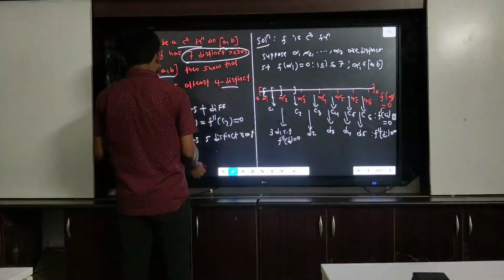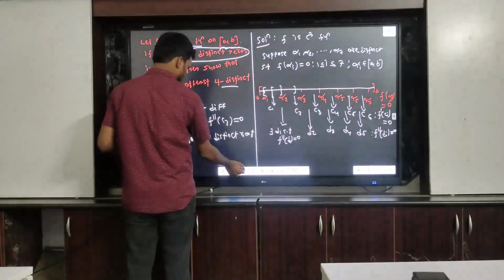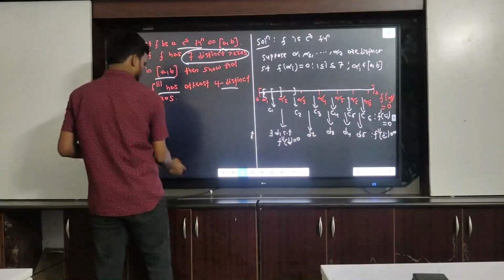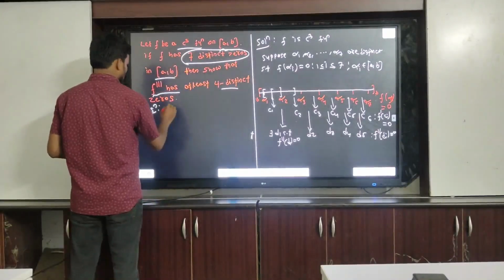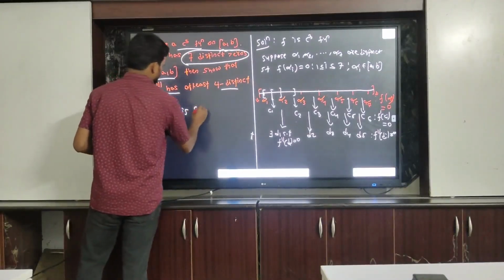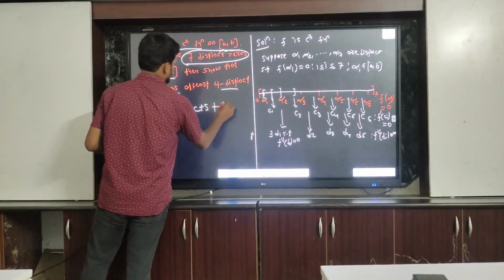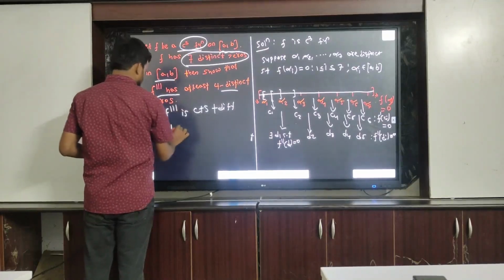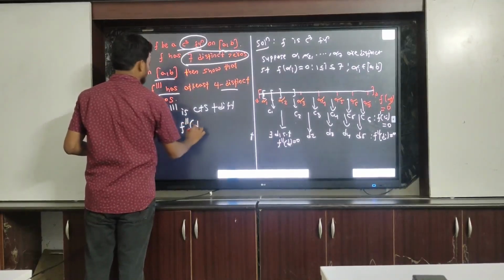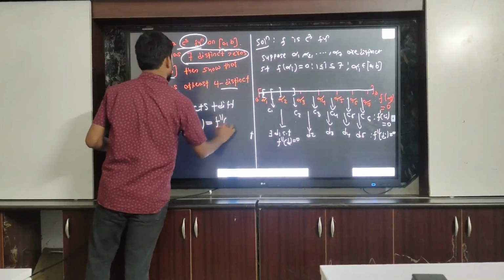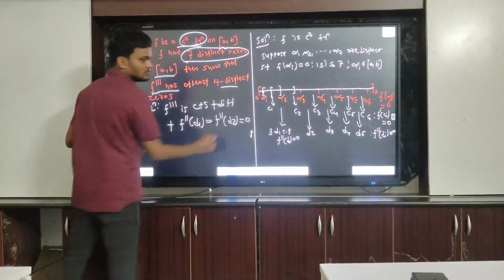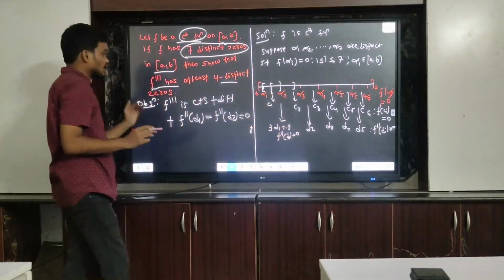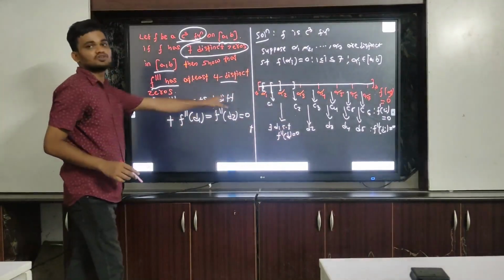Now observe for f triple dash. F triple dash is continuous, plus differentiable, since it is given f is C3. Plus f double dash d1 is equal to f double dash d2 is equal to 0. The function values at d1 and d2 are the same, and f double dash is continuous plus differentiable.